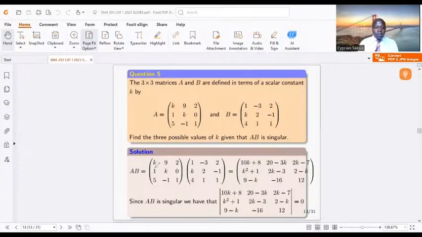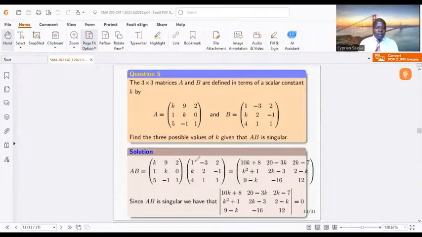Now we know how to get the product of matrices. We multiply a row of the first matrix times a column of the second matrix and add the results. So let's see. I'll just do one row and one column.